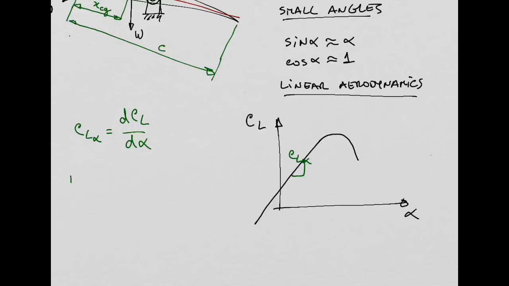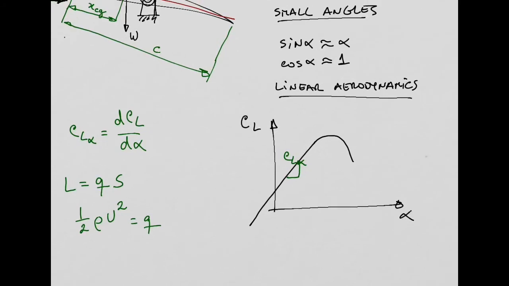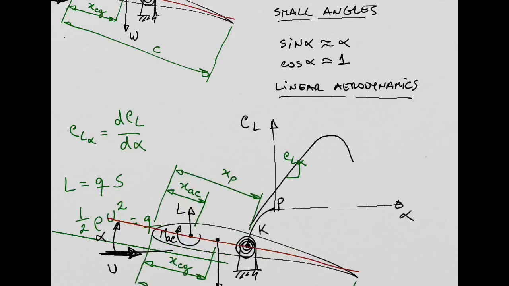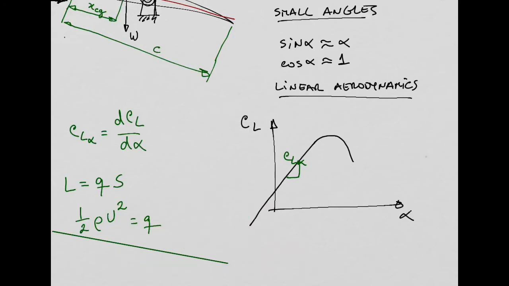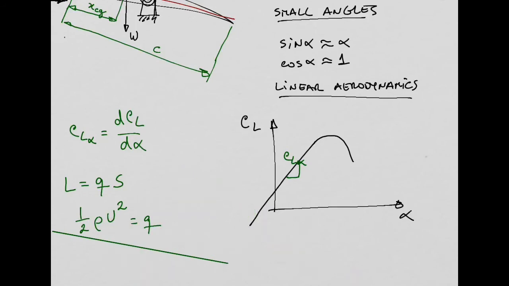And then I can say that my lift is going to be equal to the dynamic pressure, remember? Which is 1 over 2 density velocity squared. This is my dynamic pressure. I need to multiply the dynamic pressure by the area, S. And then I will need the lift coefficient.